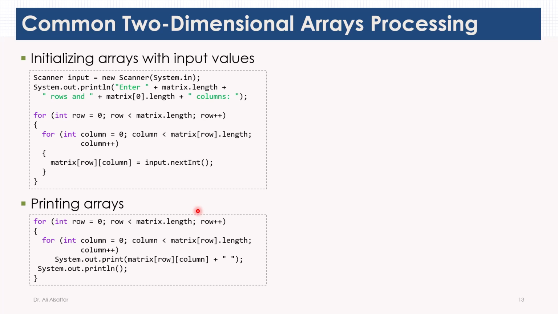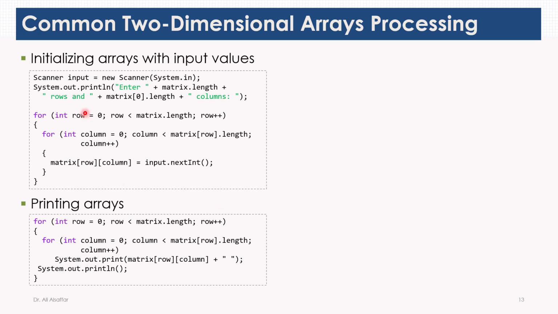Printing arrays. Again, for printing arrays, we should not print them column by column, because this is how it is saved inside the two-dimensional arrays, that we save the data row by row. As we mentioned, two-dimensional arrays are arrays of one-dimensional arrays. So again, to print the data of a two-dimensional array, you need to process the array row by row.